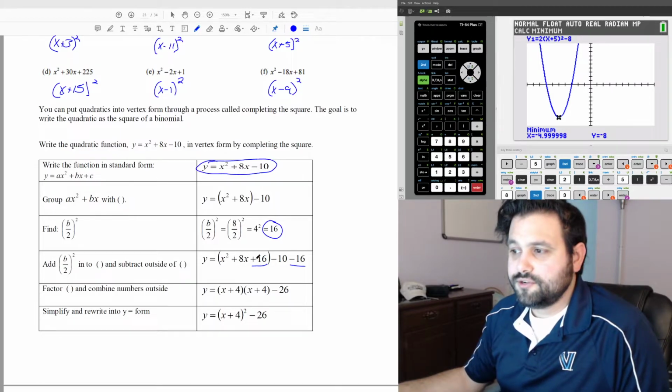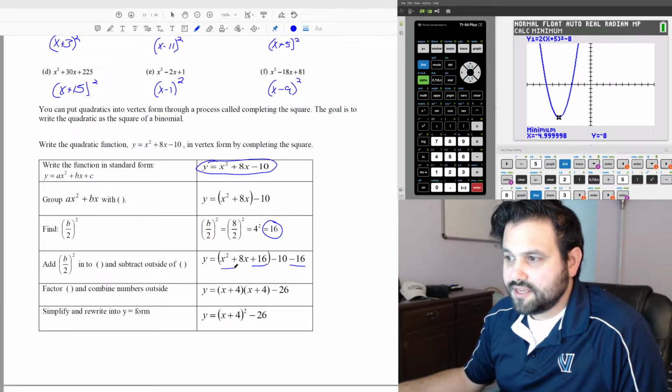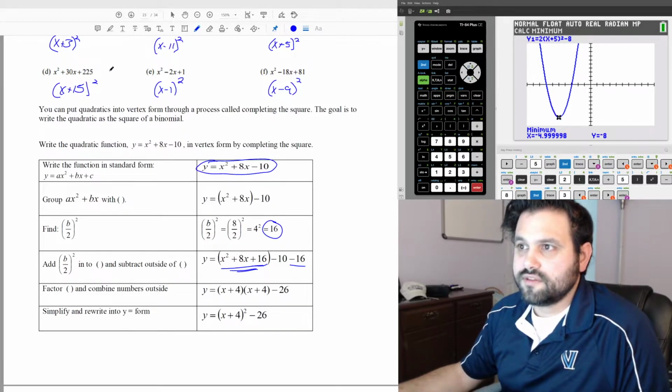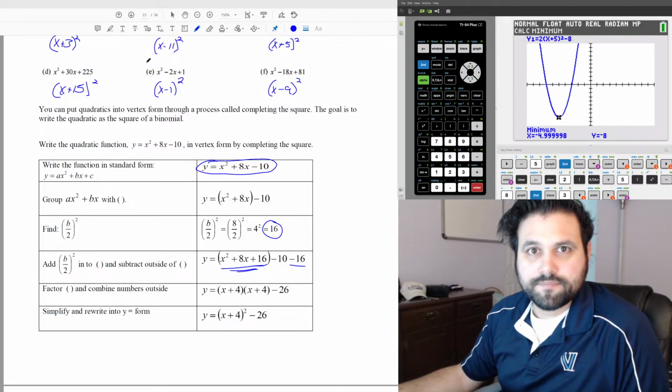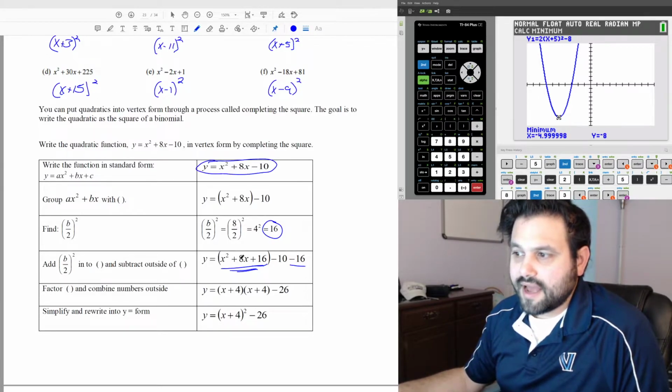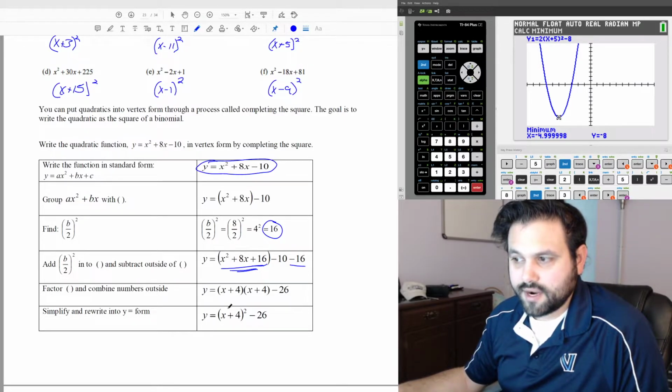The reason why we do that is because now these three things here look like one of these things up here in these examples, right? So now half of 8 is 4, and 4 squared is 16, so I can rewrite this as x plus 4 squared, or x plus 4 times x plus 4.